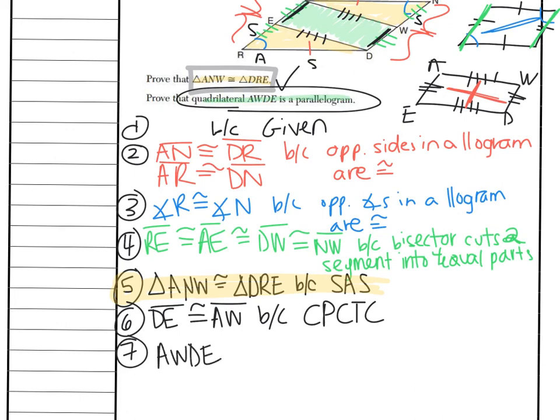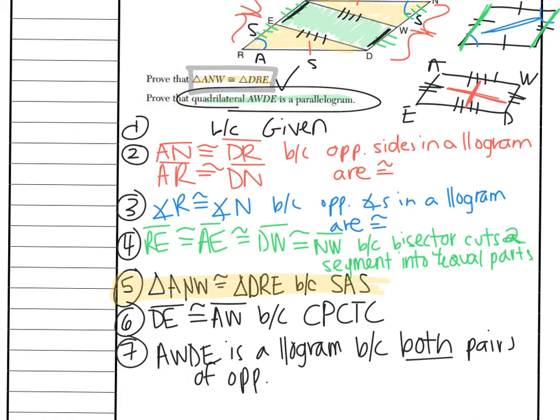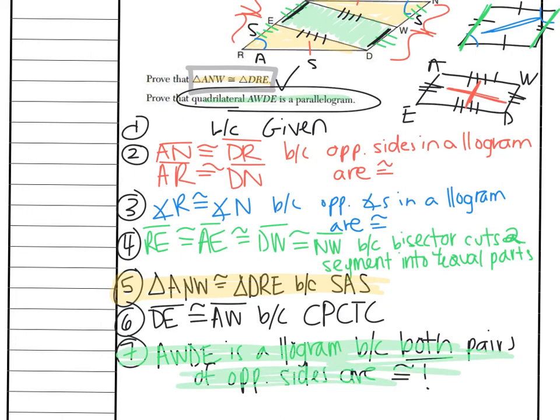AWDE is a parallelogram because both pairs of opposite sides are congruent. And that was our second proof, so I'm going to highlight that in green, and then, well, that's not highlighting very well, it's covering over it. Anyways, I'm highlighting this in green because we know that we just did our second proof, so I can check that off as well.